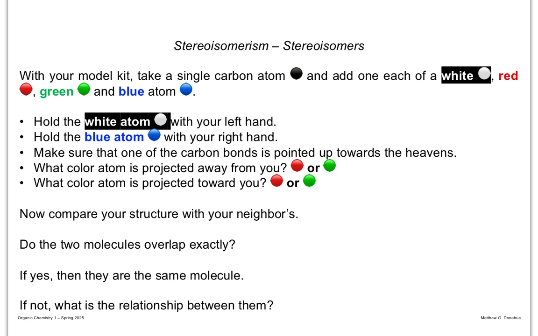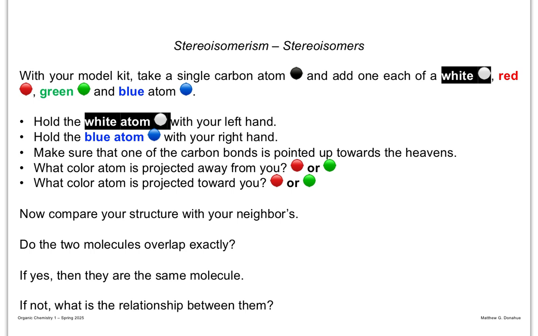So with this model kit, I have these directions that always confuse me. So the white is just the yellow for purposes of what's on here. So the white is in my left hand, the blue is in my right. Make sure one of the carbon bonds is pointed up. So I'm going to point that one up.